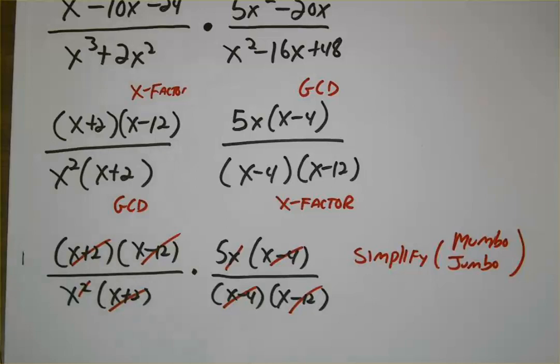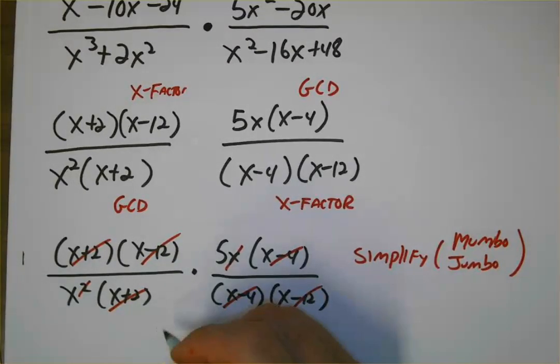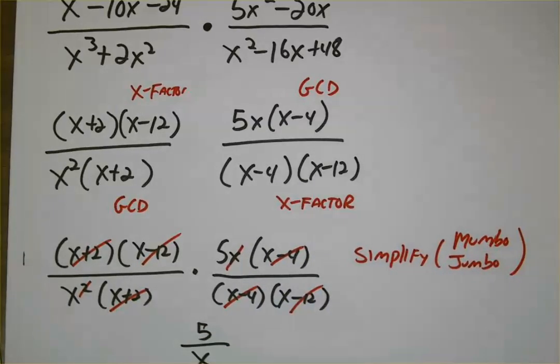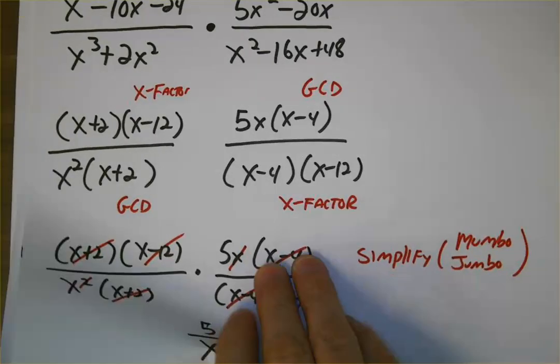Then you're left with the last step. The numerator is 5, the denominator is x. So there's 5 over x. To do division, you would do the exact same thing: keep, change, flip. You want to factor everything out, keep, change, flip.